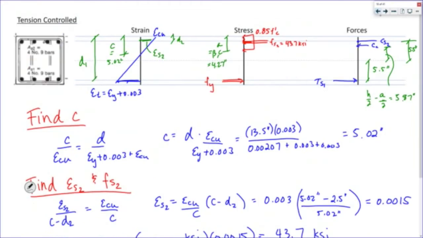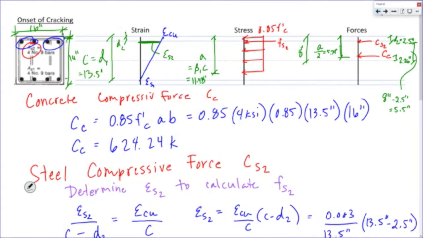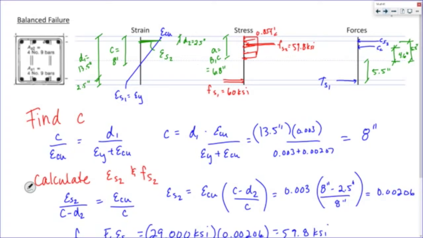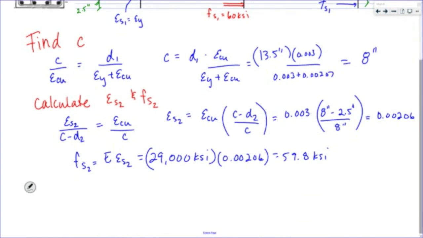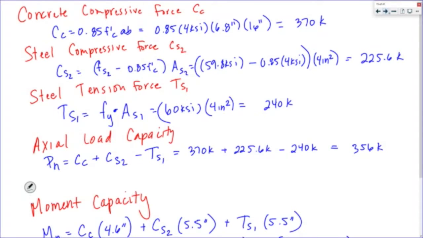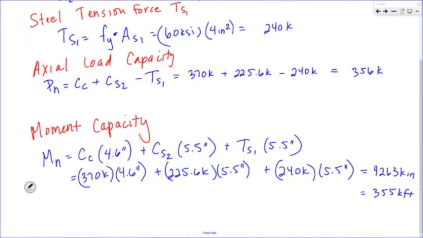Now, what did we do after onset of cracking? We did balanced failure on the next page, PN of 356 kips, and an MN of 355 kip feet.